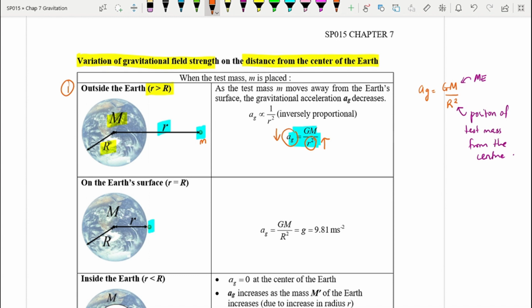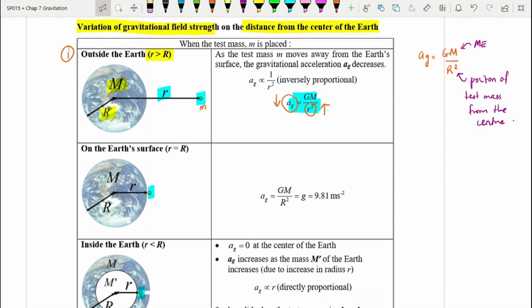Okay, so case yang kedua, apabila objek tu berada betul-betul on the surface of the earth where the R is exactly equal to radius of the earth. So R ini yang kita nak masukkan dalam formula exactly sama macam radius of the earth. Jadi by using this formula, kalau kita letakkan nilai mass of earth, nilai radius of the earth, kita akan dapat 9.81 meter per second square.